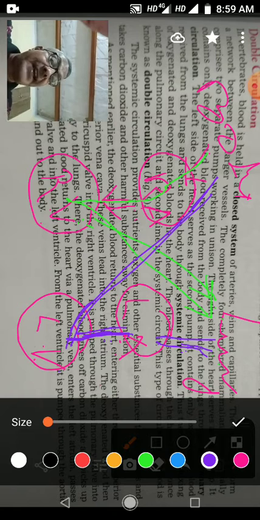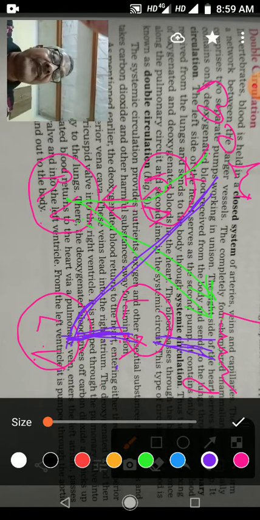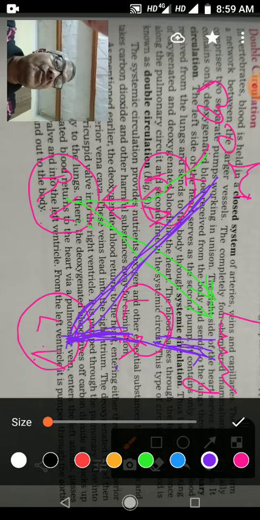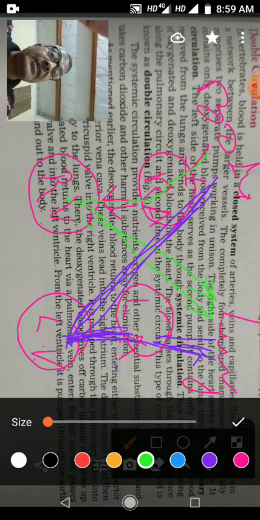So on the left side is the oxygenated blood, and on the right side is the deoxygenated blood. Oxygenated blood from the lungs is coming into the left auricle, from the left auricle to the left ventricle, and from the left ventricle to the body. So this circulation of the blood is called systemic circulation, and the other circulation of blood is called pulmonary circulation.